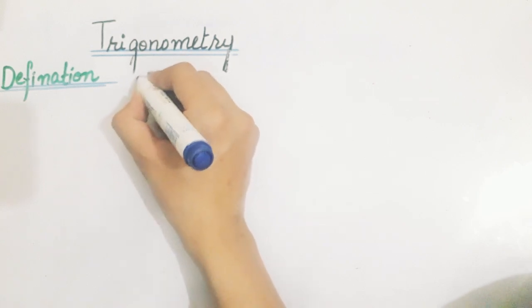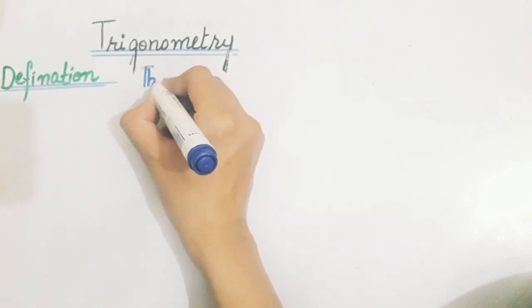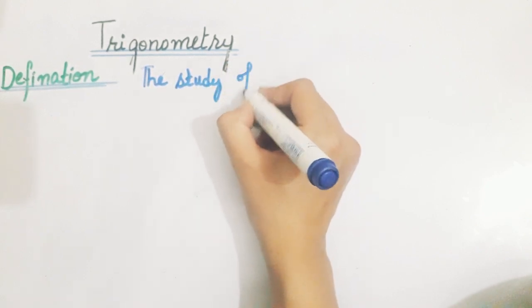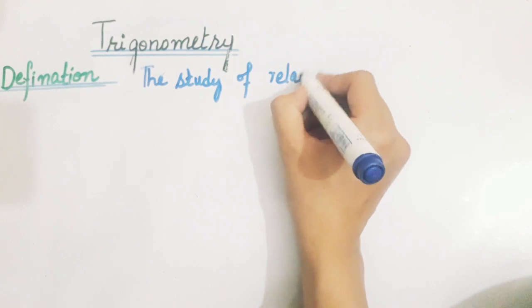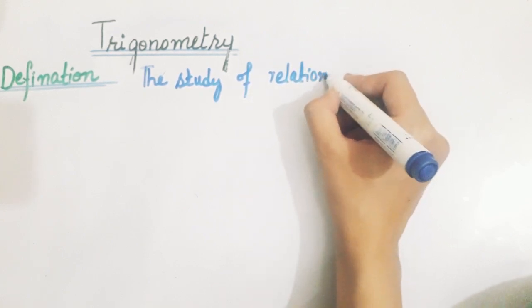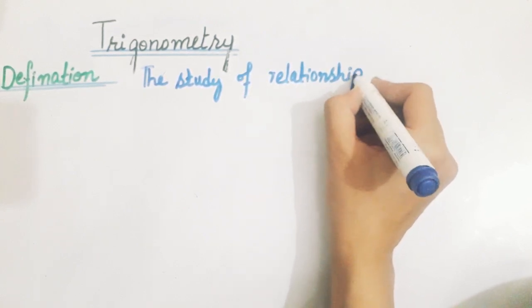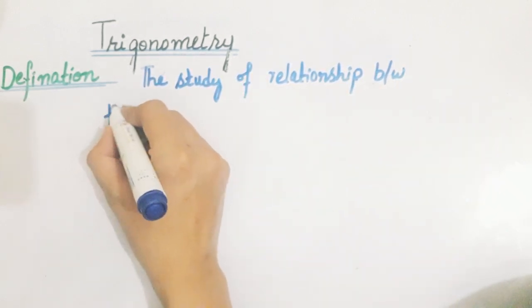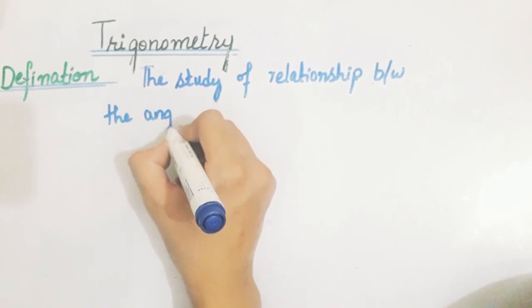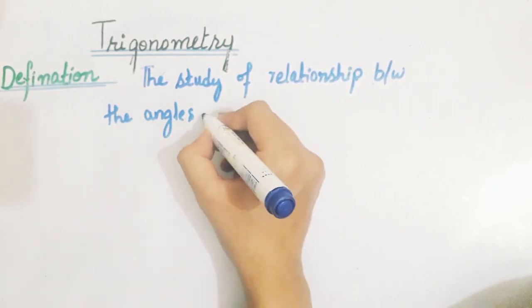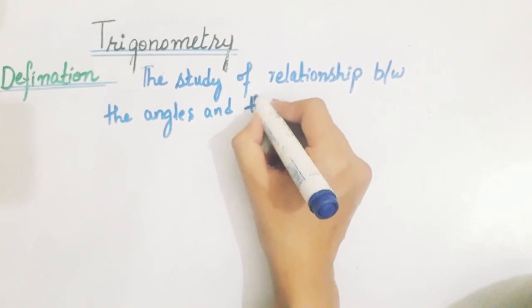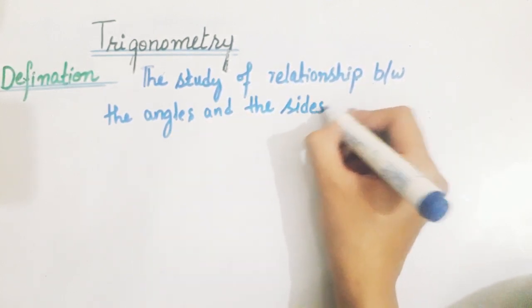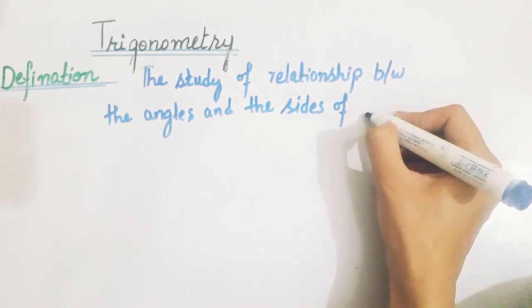Trigonometry is the study of a relationship between the angles and the sides of a triangle.